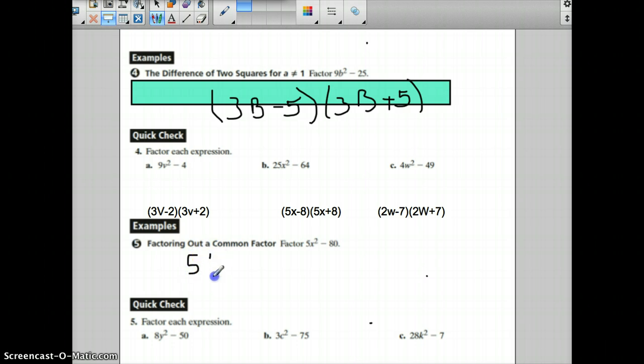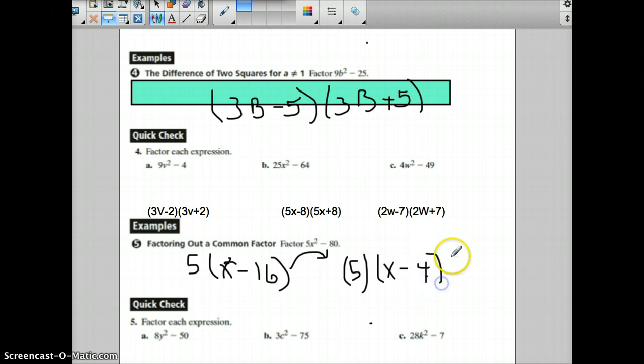In this case, if I factor out a 5, I'm left with x squared minus 16. Both of those are perfect squares, so I can factor that into x minus 4 times x plus 4, and the 5 still stays out here as a factor.